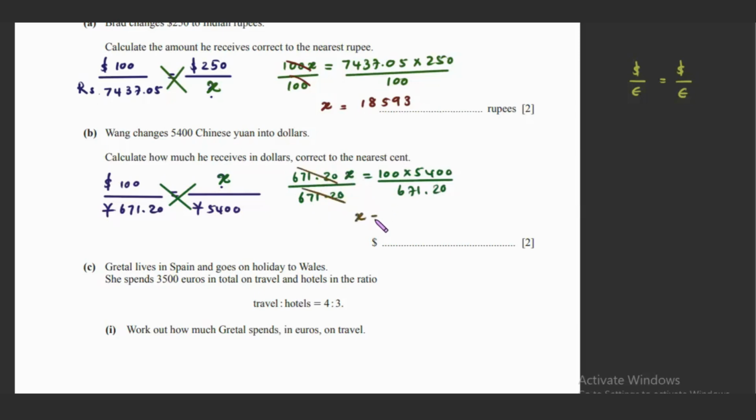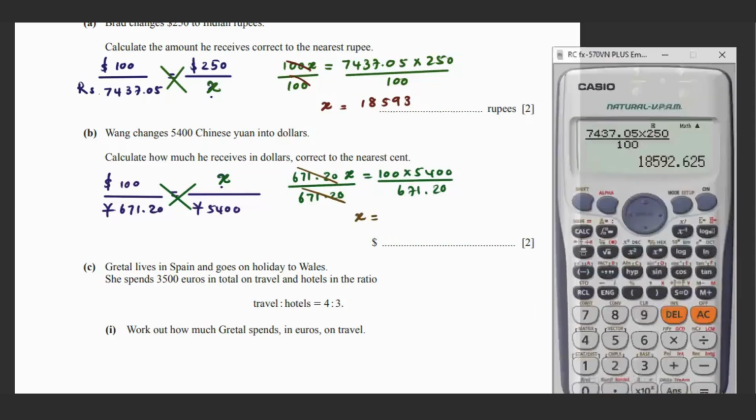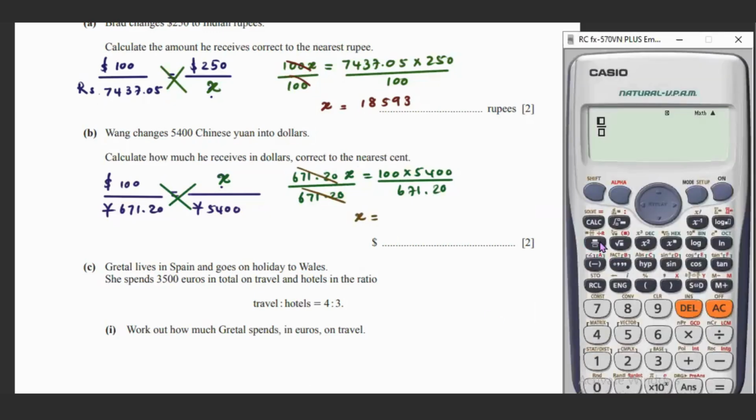So to find the value of X, I'm going to put this in the calculator now. So we have 100 times 5,400, and I need to divide it by 671.20. This is equal to 804.529. But this time I need to write it to the nearest cent.